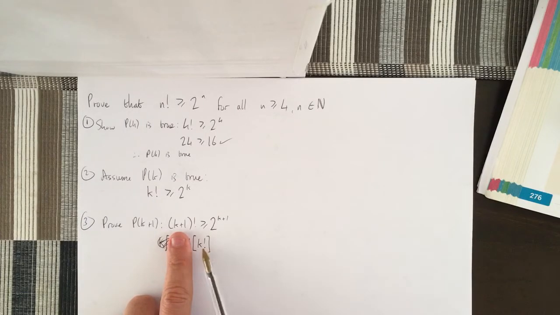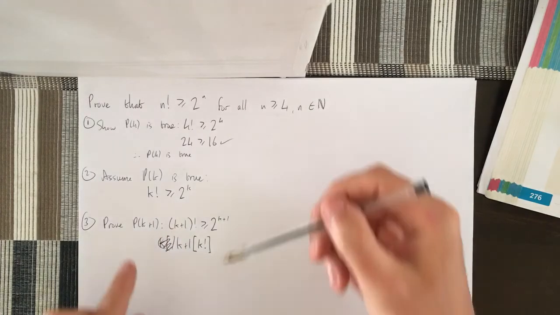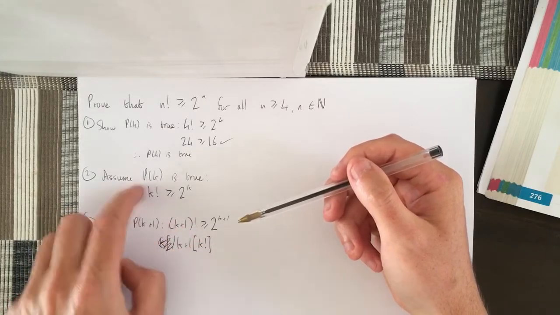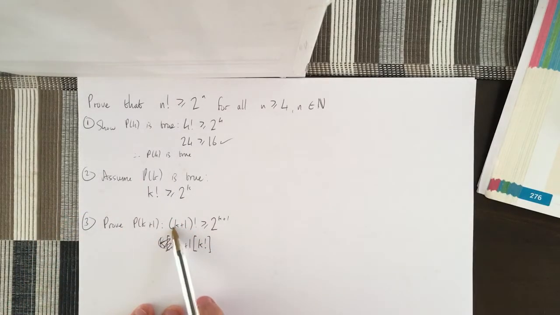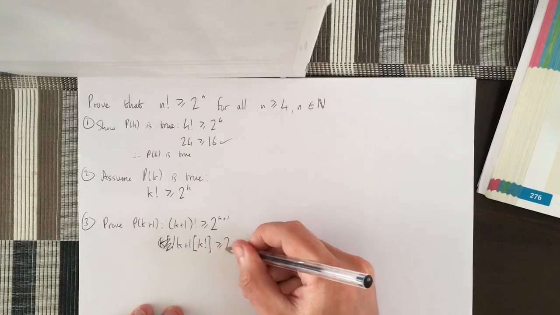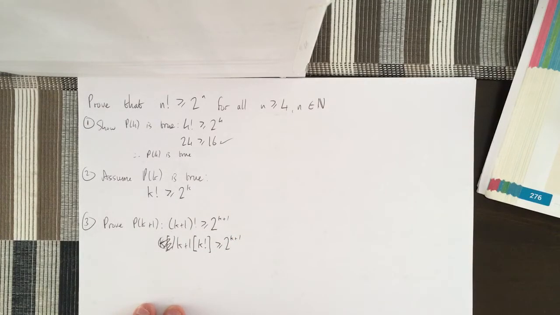And then this is K times K minus 1 times K minus 2. So once you have that in, they're the same thing. But writing it this way means I can link these easier. So this one here is just rewriting this. So the right-hand side is going to be the same. It's going to be greater than or equal to 2 to the K plus 1.